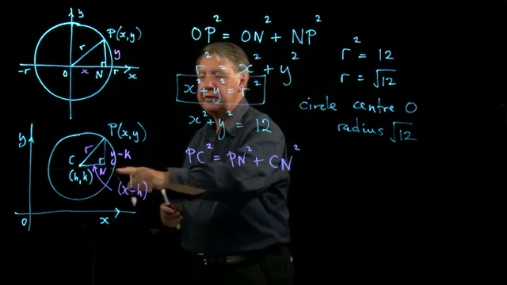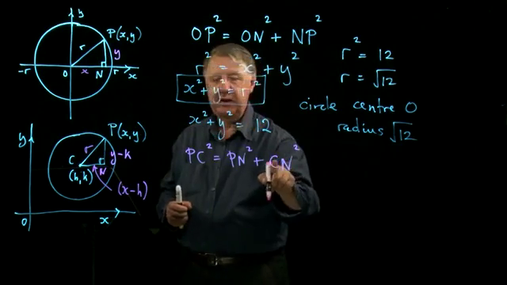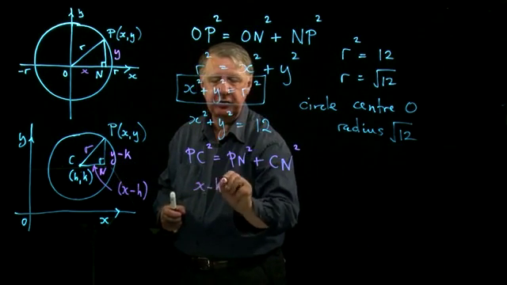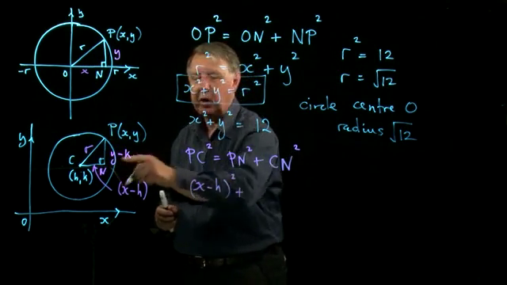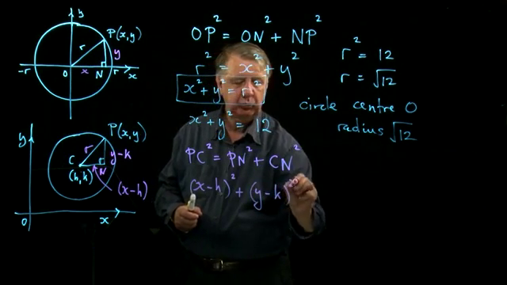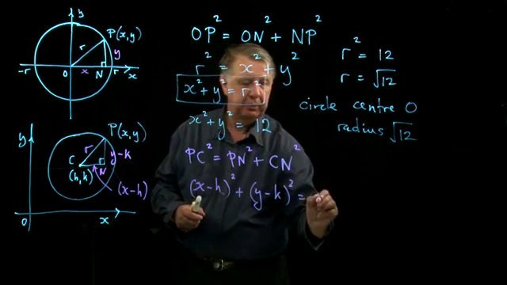Let's put CN first because normally we would do that. So CN is x minus h, so (x minus h) squared plus PN is (y minus k) squared equals r squared.